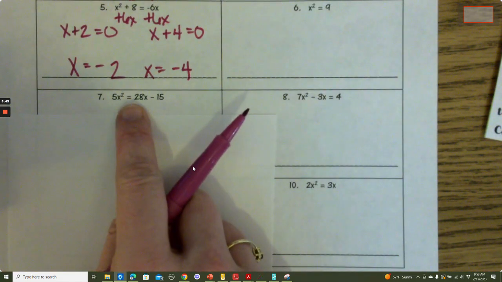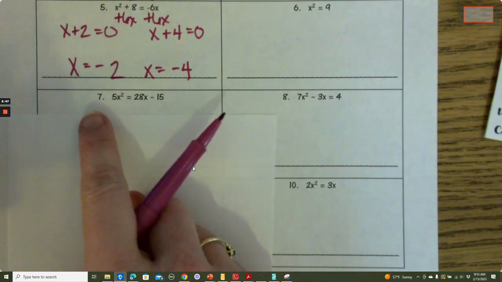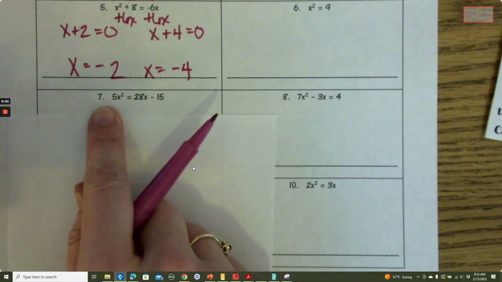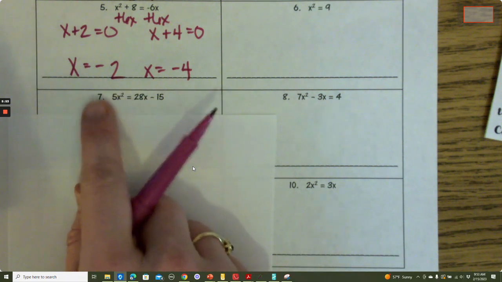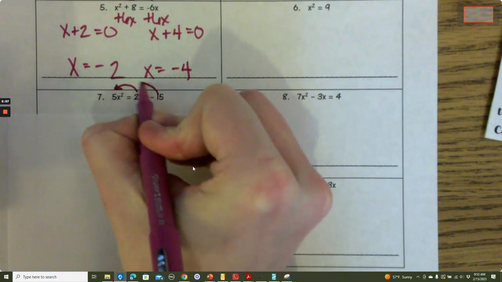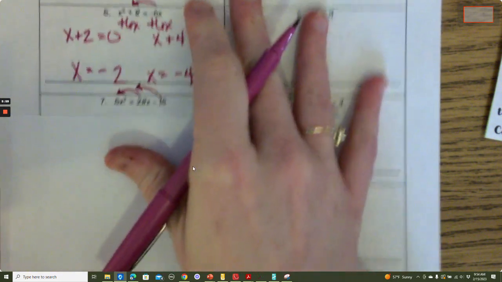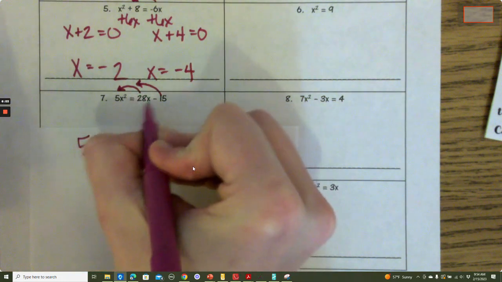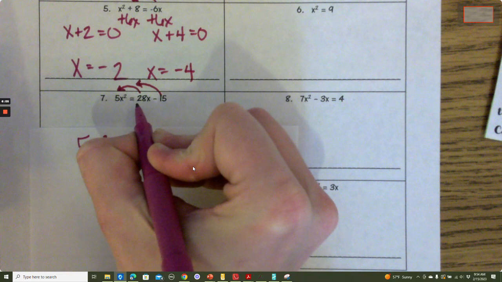All right, so this one, I've got my pieces split again. One thing that I always want is my x squared, or the number in front of x squared, to be positive. So since it's already positive, I know that I have to move these other two pieces. So 5x squared, that's going to stay. How do I move the 28x?